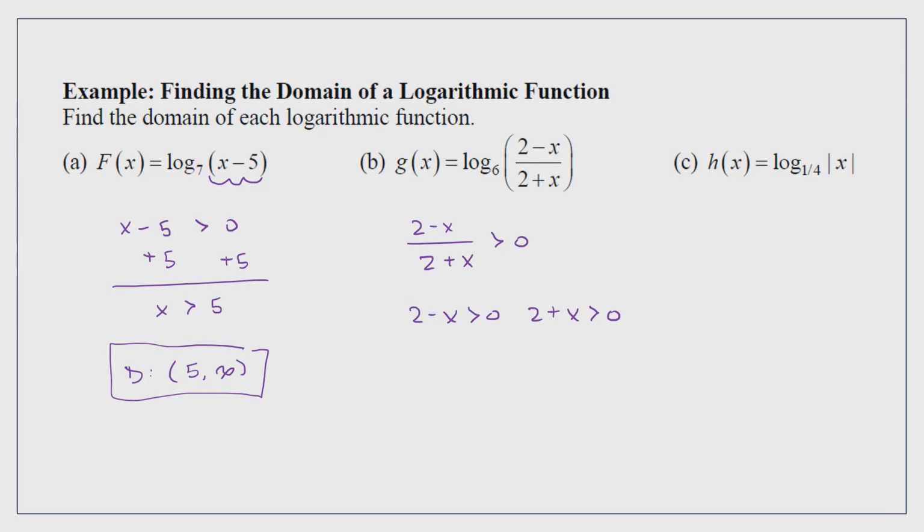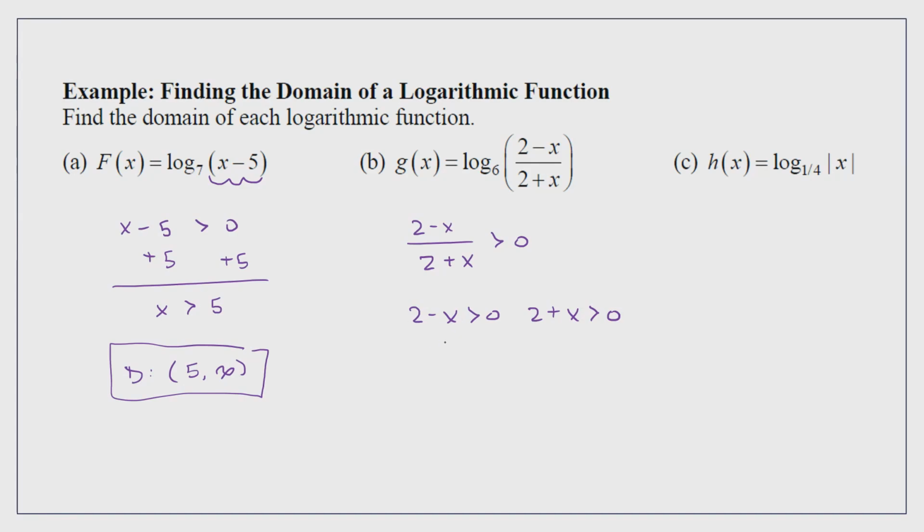So we want any value that will make 2 plus x greater than 0. Now 2 minus x also has to be greater than 0, because if it's negative, then our value will be negative. And we know that our value for this rational expression must be greater than 0.